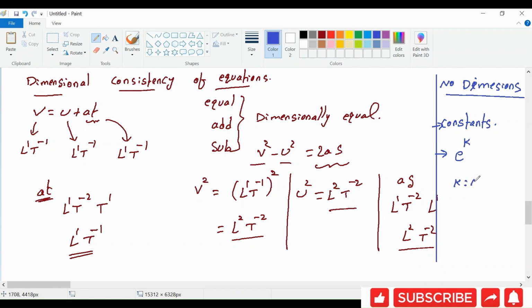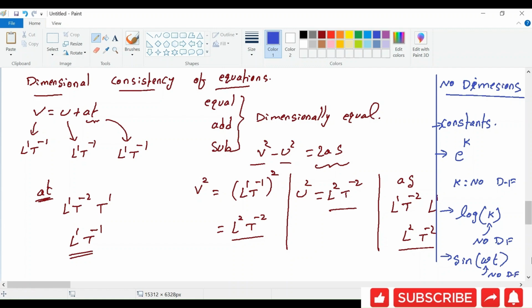K has no dimensions. Anything under a log is dimensionless, no dimension formula. In the same way, anything under sine or cos, like omega t, kx, cos kx, has no dimension formula.